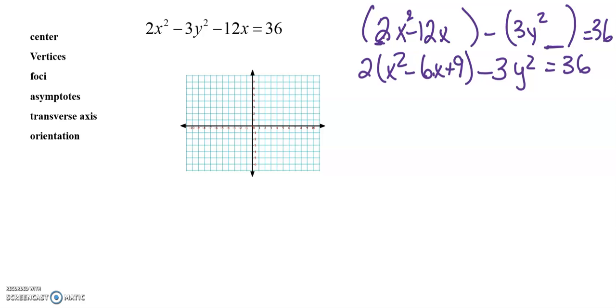And then 9 times 2 is 18. Alright, so we're going to write this as a binomial squared. And this we'll just leave like it is because we didn't have anything there. Alright, and 36 and 18 are 54.